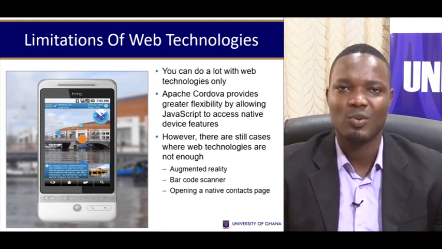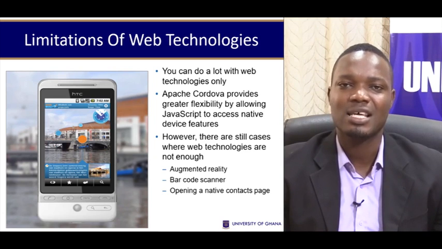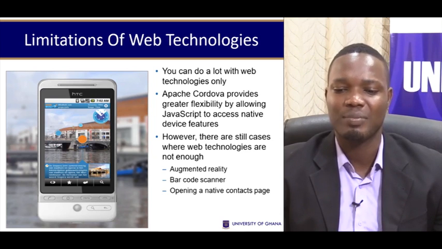Now, there are times where we have some limitations with our web technologies. Even though we can do a lot with them, at some point there are things we might not be able to achieve with web technology. Apache Cordova provides greater flexibility by allowing JavaScript to access native device features.